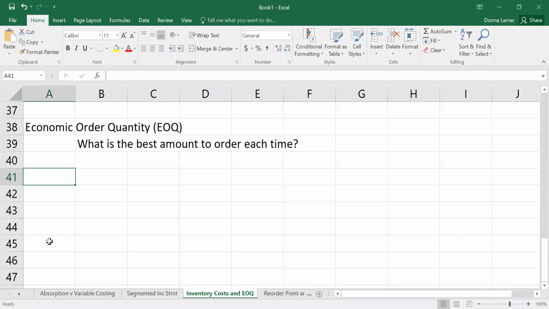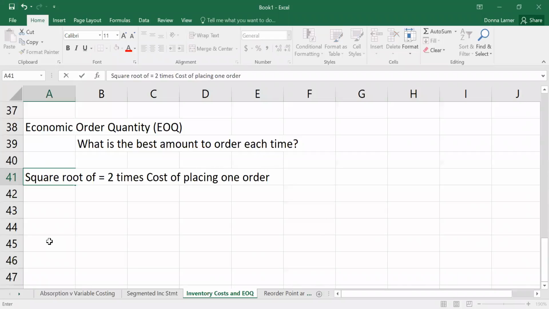The formula for economic order quantity can look daunting. It's the square root of, and here's what you've got to do. 2 times the cost of placing one order times demand divided by the carrying costs of 1 unit of inventory.